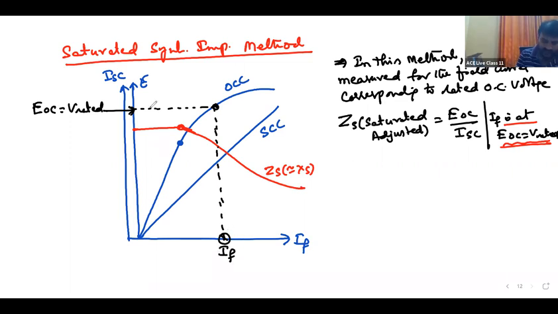First I know the voltage, and from here I come down to the field current axis, and then take the corresponding current ISC.